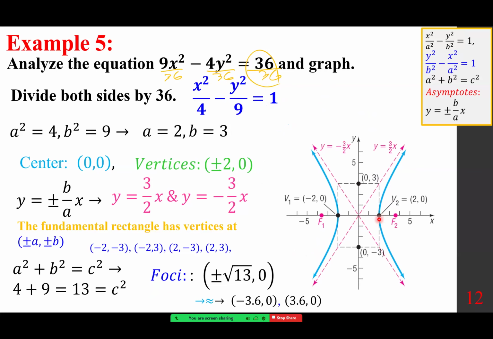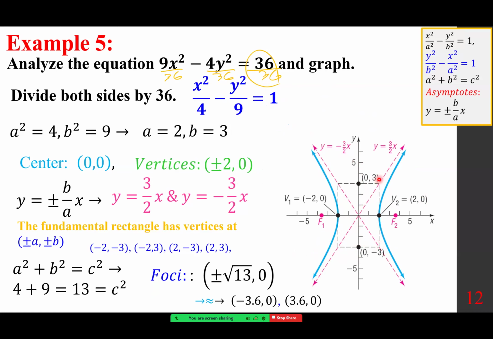These are the vertices at (2, 0) and (-2, 0). Those points are helpful, and they will give us the fundamental rectangle. The diagonals of the fundamental rectangle give us the two asymptotes. So one more time, one thing that is important to understand: what does the fundamental rectangle do for us?